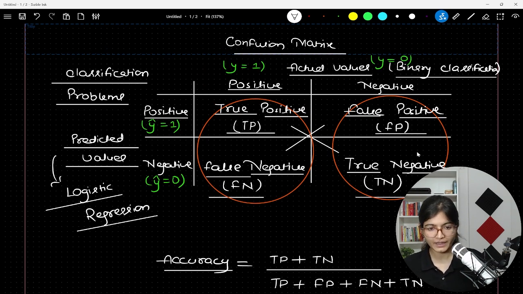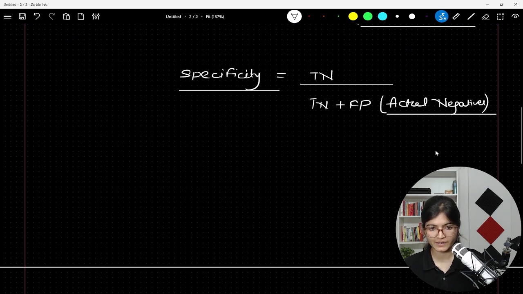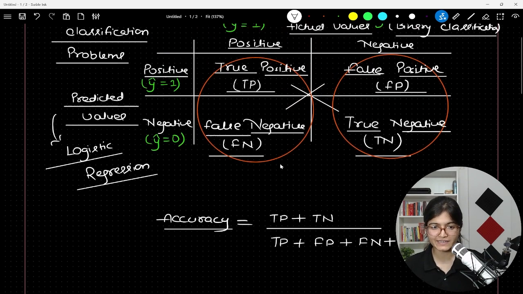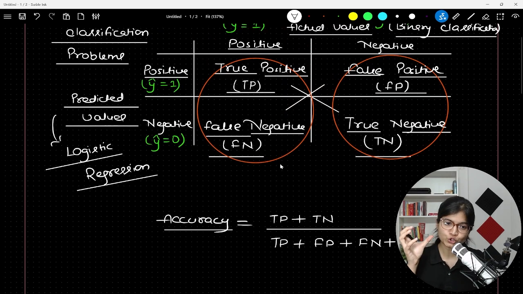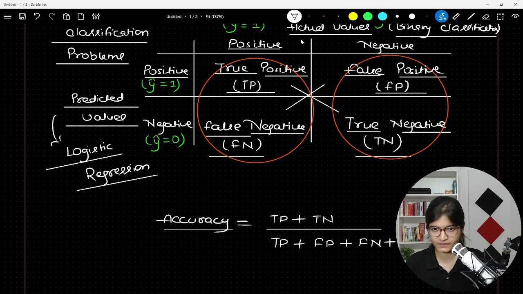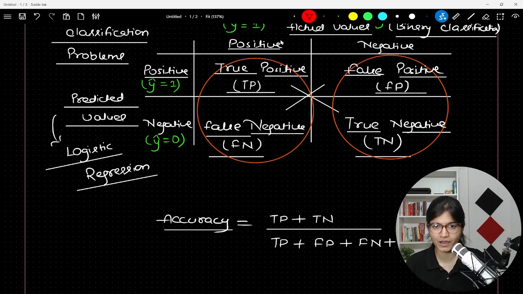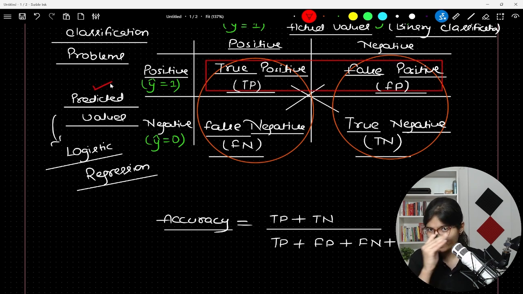Now, the next important term that we have is precision. Apart from these three terms, precision is another evaluation metric in classification, which takes care of, out of total predicted positives, how many are actually true positives. When I say predicted positives, I'm referring to the row part now, because predicted value is a row part.